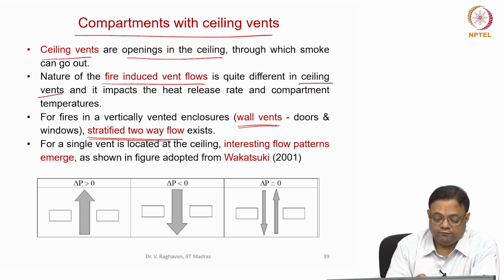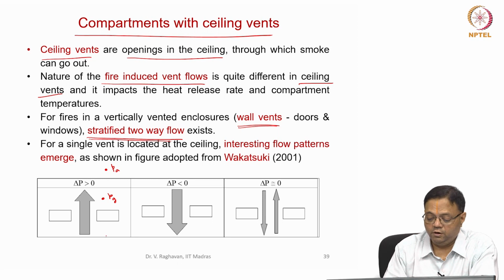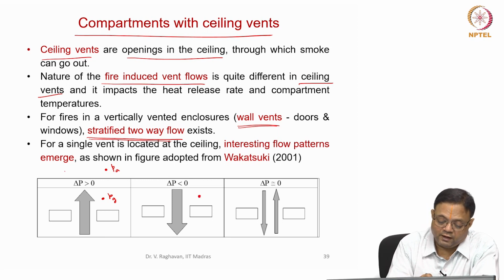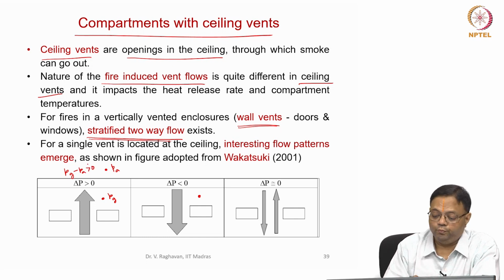Now, delta P is always the compartment pressure minus the ambient pressure in this case. So, delta P here is greater than 0, that means the flow goes up. This is P ambient and this is P gas in the enclosure. Okay, now here in this case P G minus P A is greater than 0.